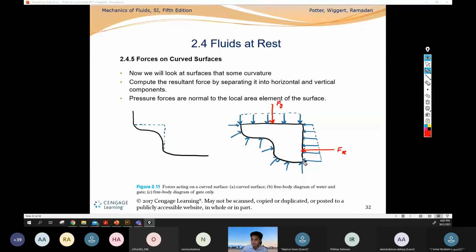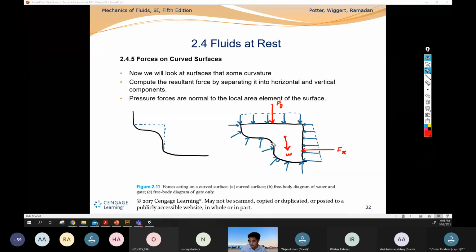Do we have any other forces? Anyone? Is the weight considered as a force? Yes. So we have the weight W here. And then we have what other forces? Okay, we have the summation of force.